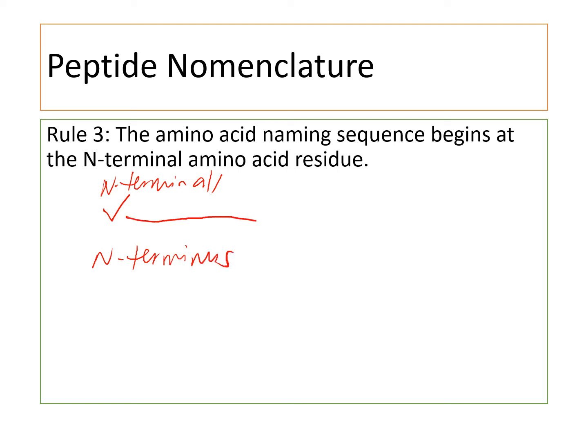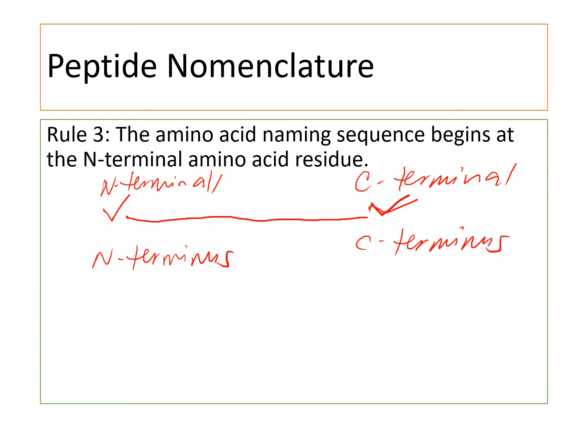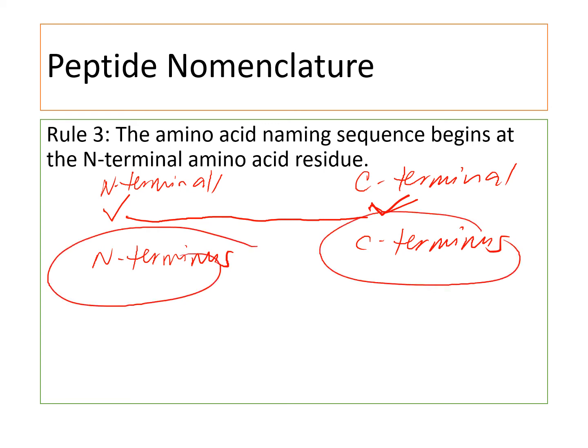For example, this is your amino acid chain. Whichever amino acid is found on the far right end of your chain is your C-terminal amino acid, or the C-terminus. So we name the peptide starting from the N-terminal until the C-terminal.